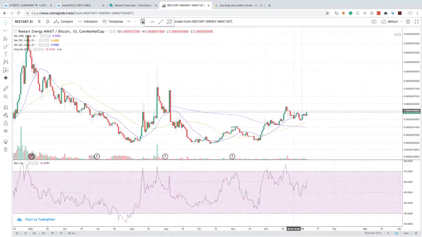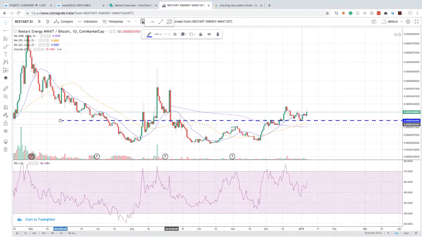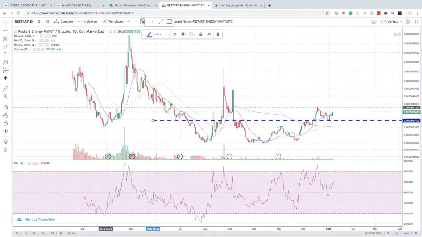It found support at this level. Just look at how it was resistance here, resistance acting as support, and then closing above the 20 MA, closing above this previous inverted head and shoulders, or this pattern here.